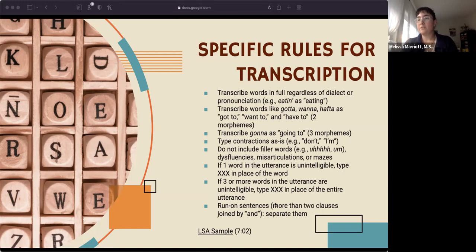And then the last bit is for run-on sentences. More than 2 clauses that are joined by and, or, and then, those get separated. So if you have multiple clauses and one is an and, one is a because, and one is a but, so, that's great. Keep them together. That's a single utterance.